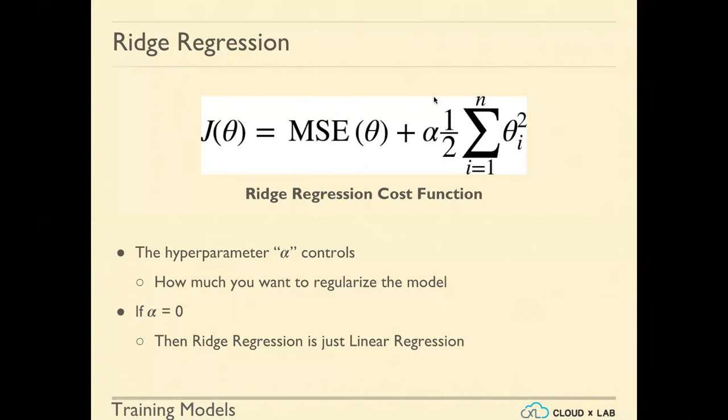Since we have added one more term, the moment our thetas start becoming bigger, the cost function starts becoming bigger, and hence our gradient descent will keep on choosing thetas which are smaller and smaller so that the error remains smaller. That's how we are reducing the weight in the expression.